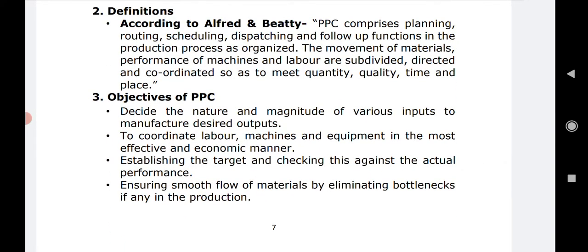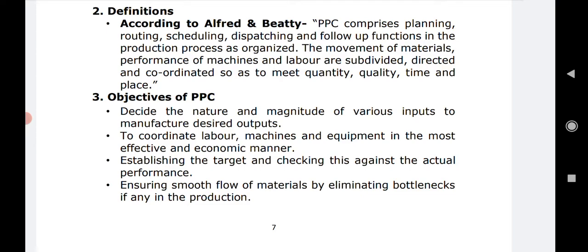So now we know that PPC comprises, that means it is made up of planning, routing, scheduling, dispatching and follow-up functions in the production process as organized. The movement of materials, performance of machines and labor are subdivided, directed and coordinated so as to meet the quantity, quality, time and place.